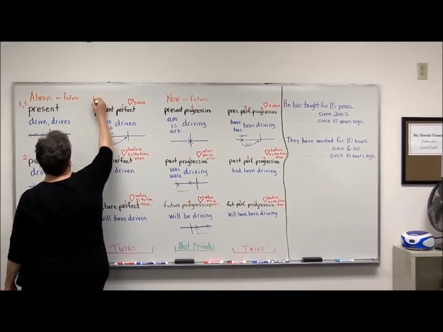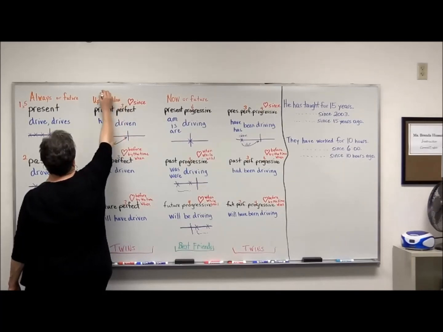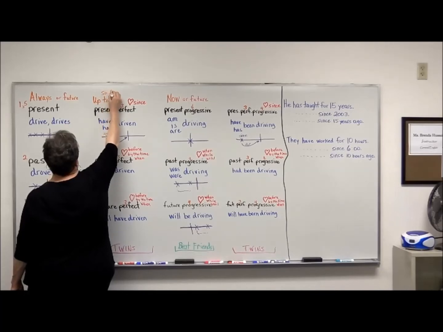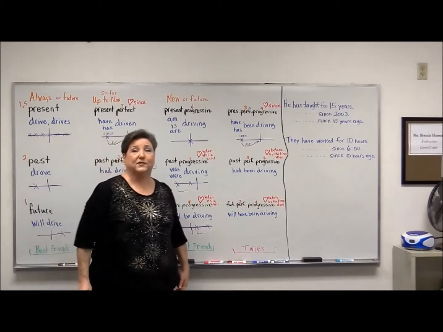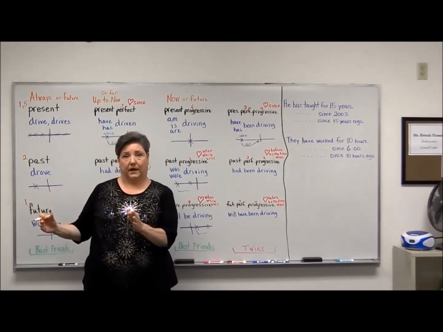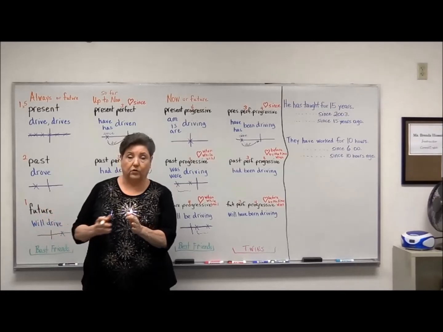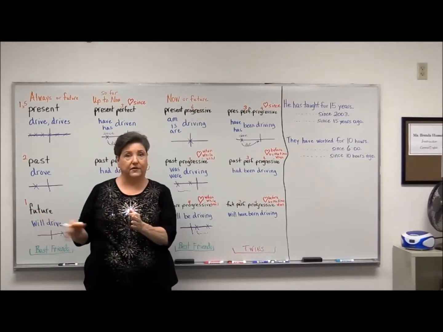And you see this line going up to now because that's what the present perfect means. It means up to now. Or some of you like the word so far. That's what it means. The present perfect means so far. And we're talking about an action that started in the past. And so far, up to now, this is how much is finished.